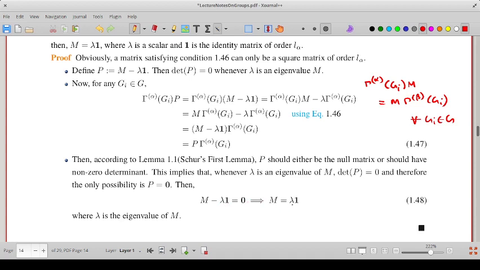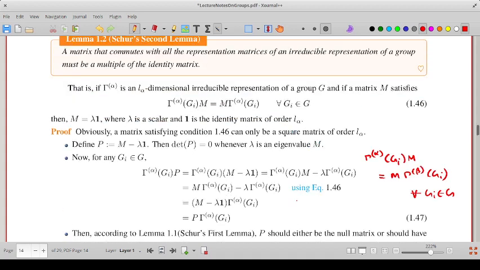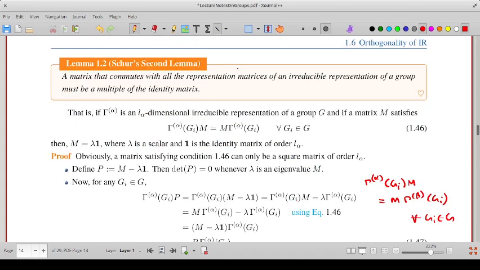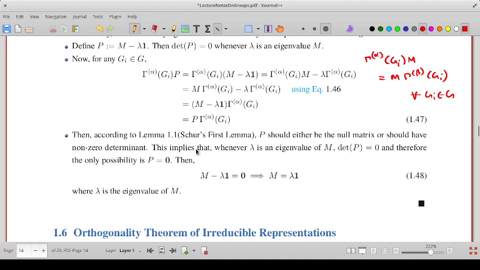So that means M should be equal to lambda times the identity matrix. That is exactly what Schur's second lemma says. If a matrix commutes with all the representation matrices gamma alpha Gi, then that matrix should be a multiple of the identity matrix. And here we know that this multiple is in fact the eigenvalue of the matrix M.